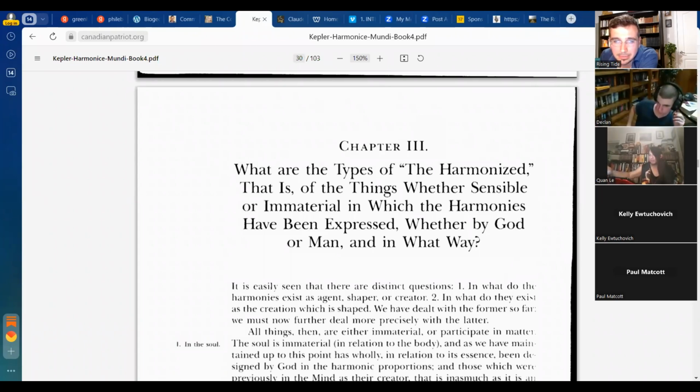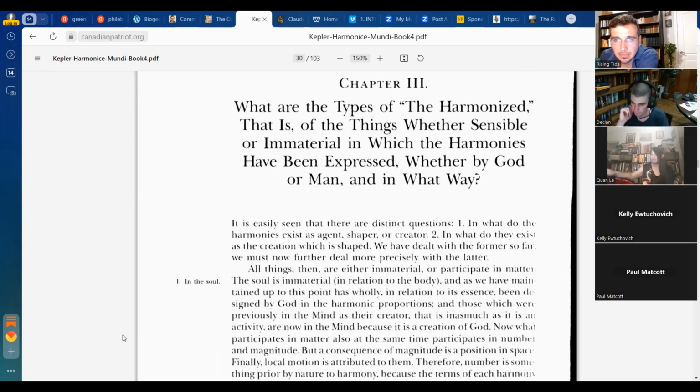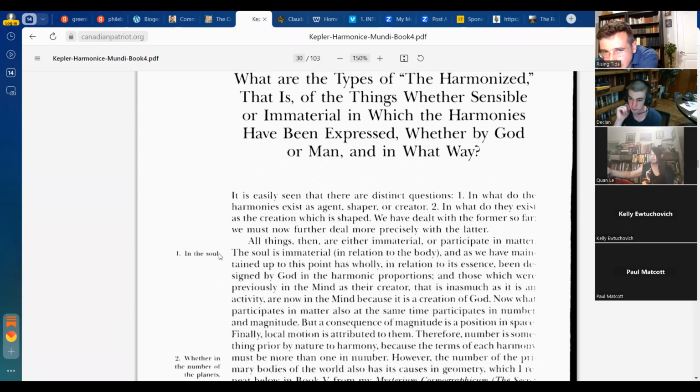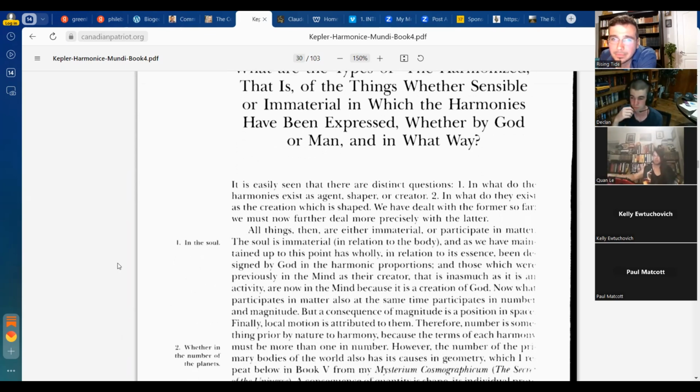All right. Chapter 3. What are the types of the harmonized, that is, of the things, whether sensible or immaterial, in which the harmonies have been expressed, whether by God or man, and in what way? Occasionally, I will read these little side things. Occasionally, those are important to serve as the sub-themes of what's in the paragraph.